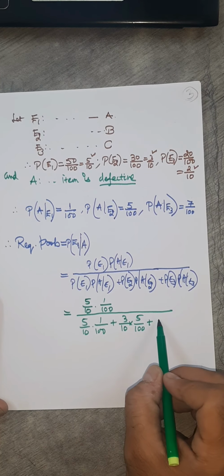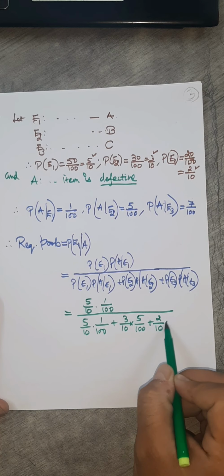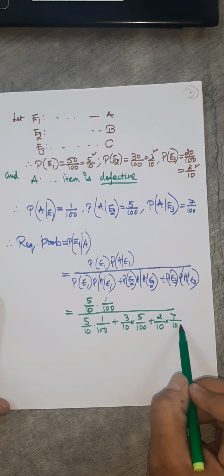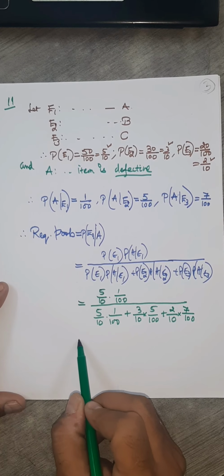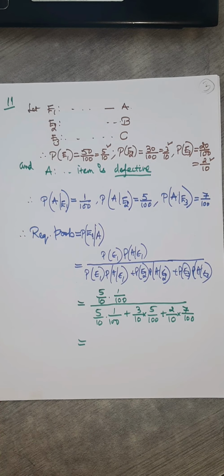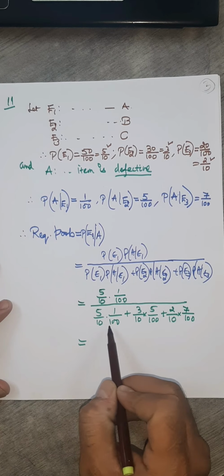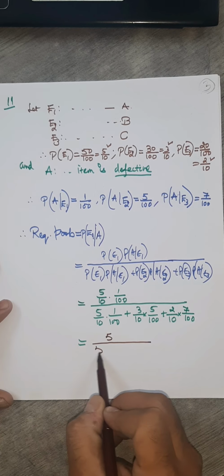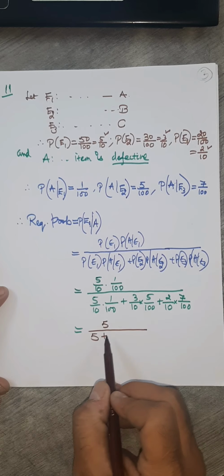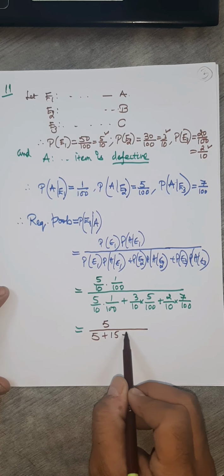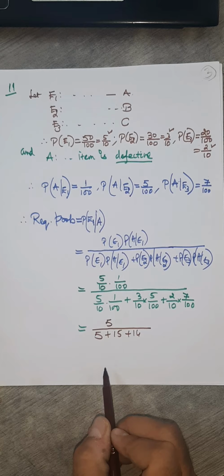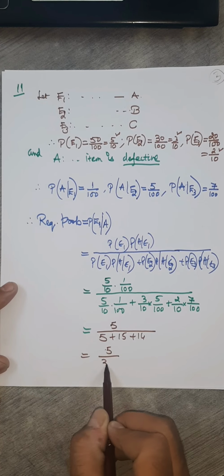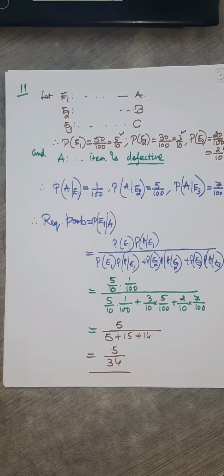That is here 2 by 10 into A over E3, which is 7 by 100. So we have this. You can see that this 1000 will get cancelled from both. We have 5 upon 5 plus 15 plus 14. So from this you will have 5 upon how much? 34. This is the required probability here.